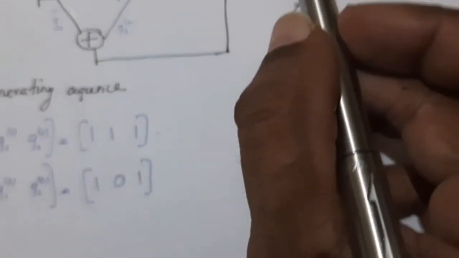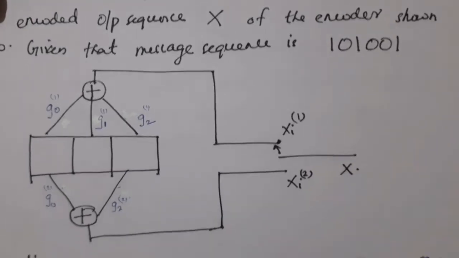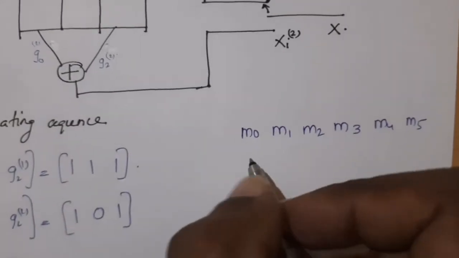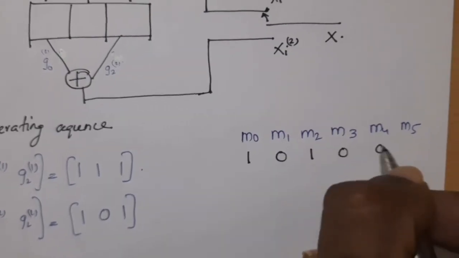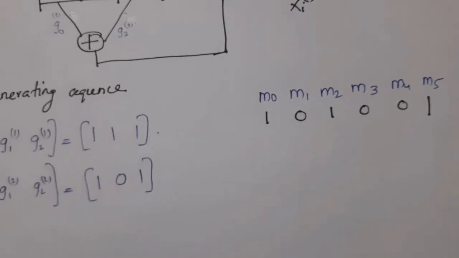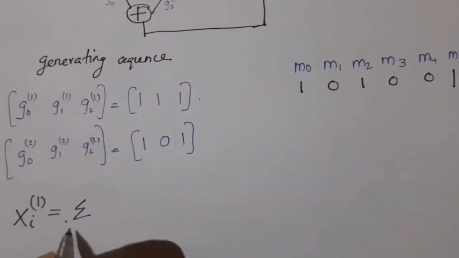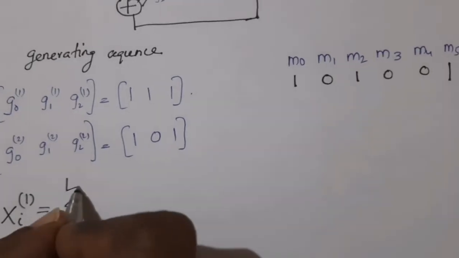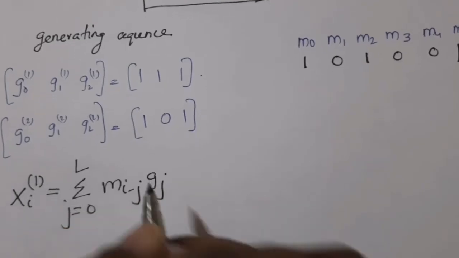Given that the message sequence is 101001, I am using the notation M0 as 1 0 1 0 0 1. Now what will be xi of 1? Xi of 1 is sigma j equal to 0 to L, mi minus j g of j.